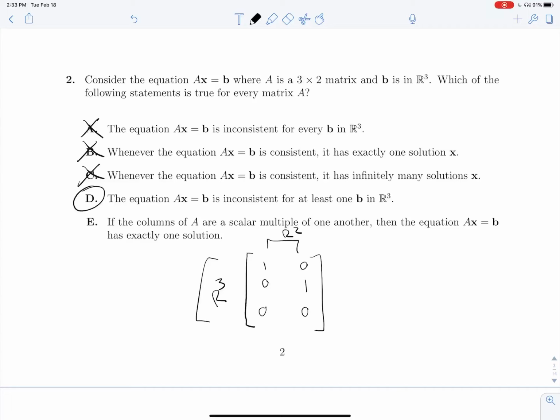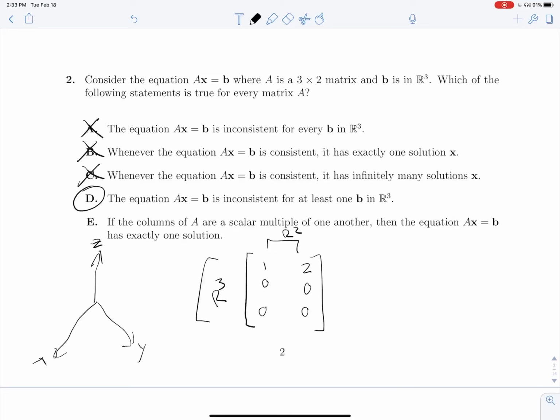And then E: if the columns of A are scalar multiples of each other, then the equation has one solution. Well, no. If they're scalar multiples of each other, for example, if we had these vectors right here, what would this do? Well, it would take the x basis vector, and I'll draw this one out again, x, y, z.